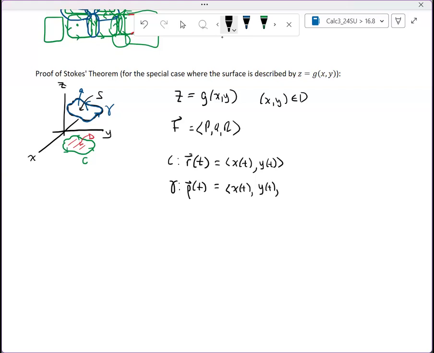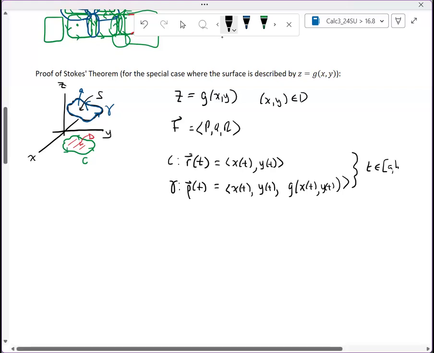The curve gamma is going to be directly above the curve C, but its height can vary, so it has the same x and y coordinates. And then it has a z coordinate g of x of t, y of t. And for both of these, t is in a, b.